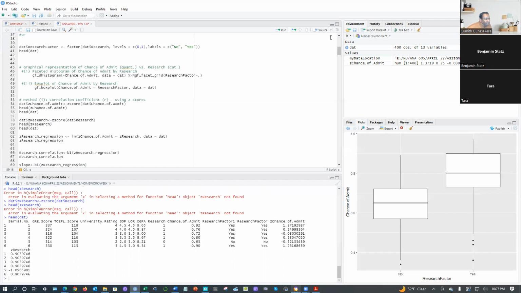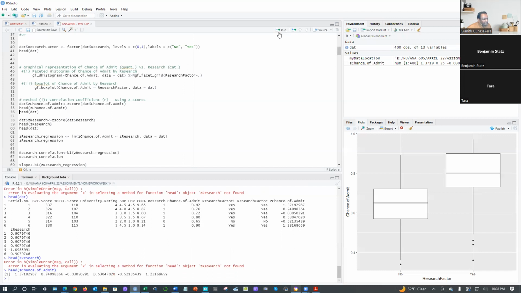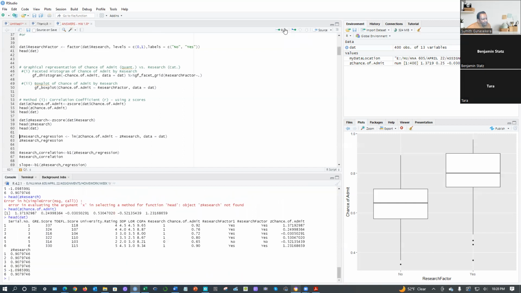Okay, this one, Z research. We have been converted and this one was Z research. Oh, sorry. I know what happened here. I had to give the data. No, no, this one, head of the chance of admit. But when you go to the head, it shows this one.